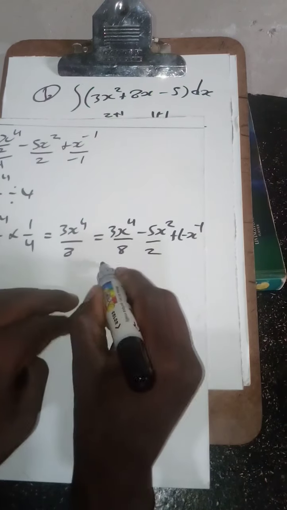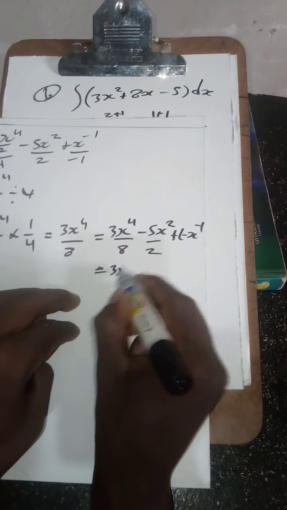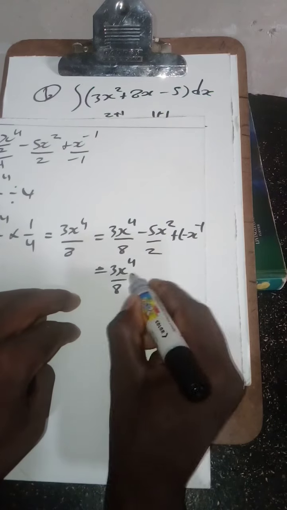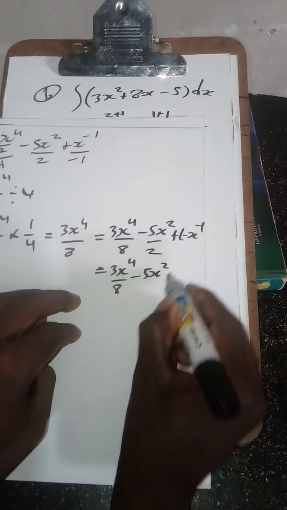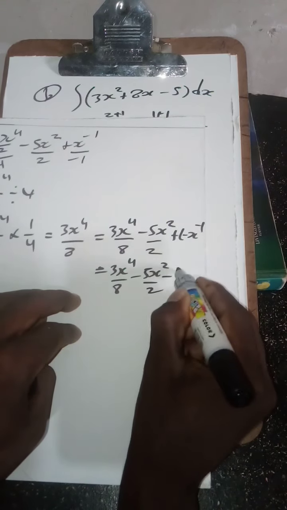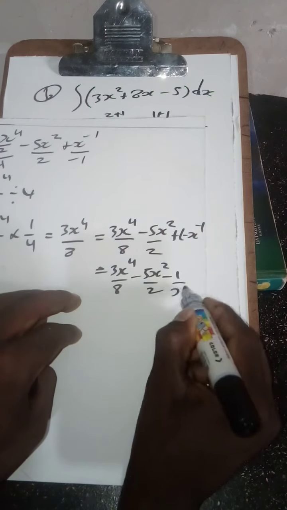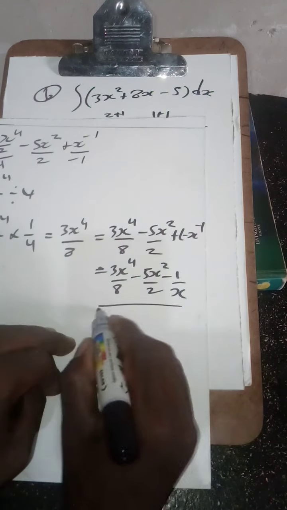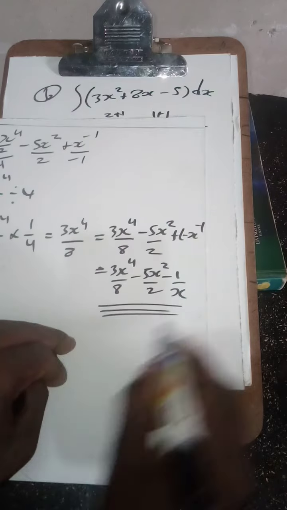So you're going to say 3x to the power 4 divided by 8 minus 5x to the power 2 divided by 2 minus 1 divided by x. That's your final answer.